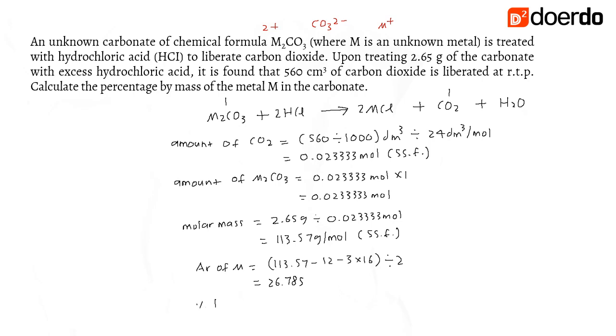Now to find percentage by mass, you just have to take 26.785 times 2, since once again each M2CO3 has 2M, and the total molar mass, which is simply 113.57, times 100%. 26.785 times 2 divided by 113.57 times 100% gives you a percentage by mass of 47.2%.